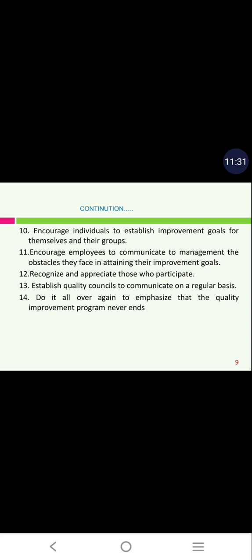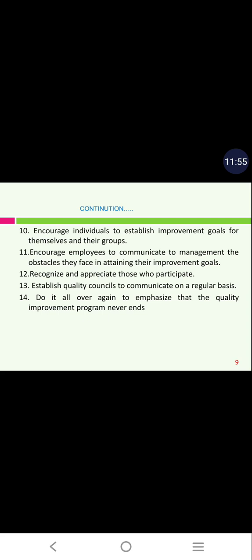And point number 11, encourage employees to communicate to management the obstacles they face in attaining their improvement goals. So once the goals are fixed for a particular product, they need to show some improvement. When they are working towards that process, they may face some difficulties.